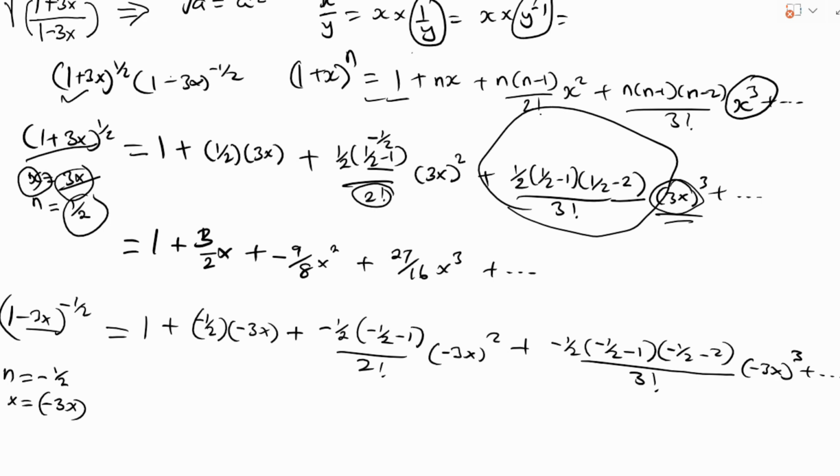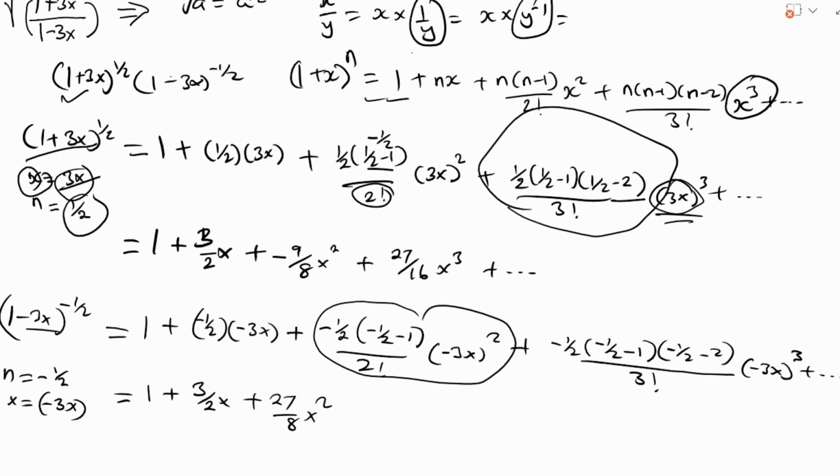Now this simplifies to 1 plus negative a half times negative 3x, that gives us 3 over 2 x, and simplifying here will give you a value of 27 over 8 x squared positive, and this simplifies to positive 135 over 16 x power 3, and so on.